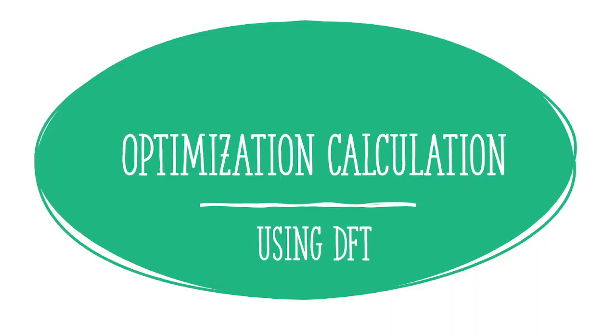All right, now let's talk about our main subject of the day, which is optimization calculation using DFT, or density functional theory. Just for a quick refresher on DFT, it is one of the methods to solve the Schrödinger equation.